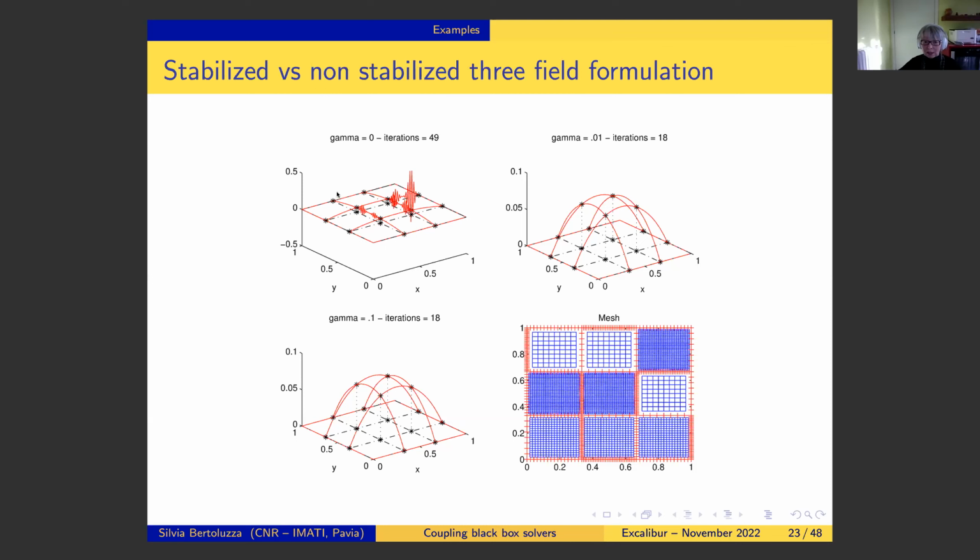But the problem is that if the iterations are on these functions, so this is the unknown, the function that you are trying to retrieve with your iterative scheme, then your conjugate gradient or whatever iterative method you use will not converge or converge very hardly.